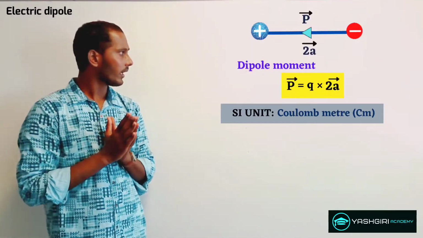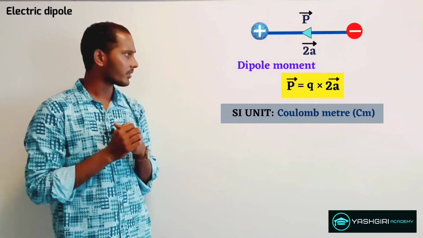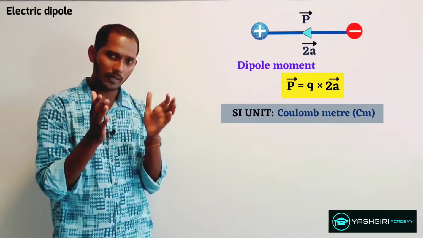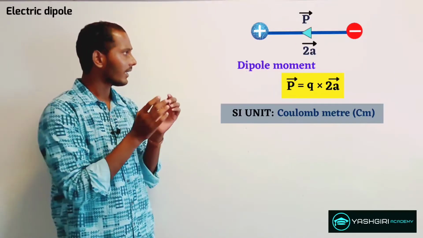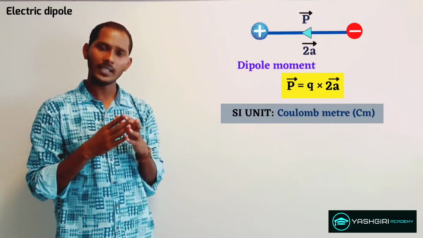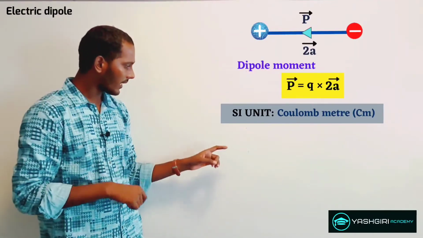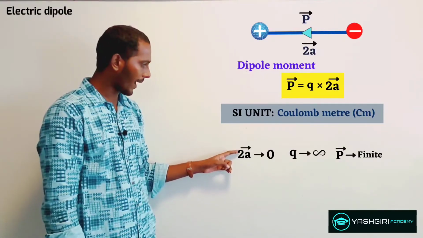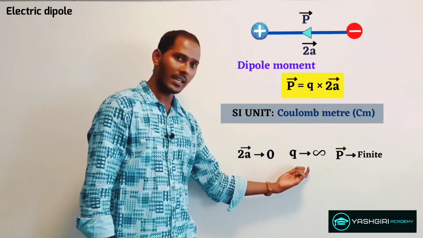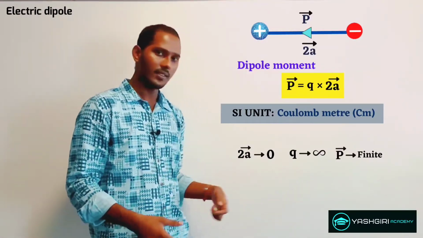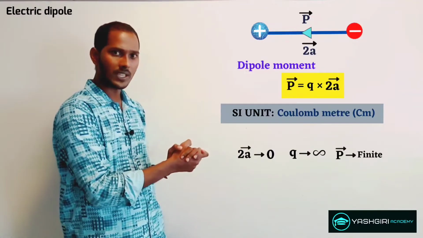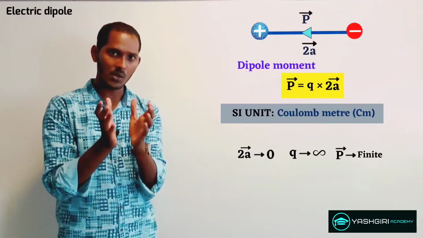Now, consider a case wherein the distance of separation between these two point charges is very, very small, and let's say the charge is very large. In that case, I can make use of a limit saying that the distance of separation 2a vector goes to 0, and the charge goes to infinity. In this case, the product of the charge and the distance of separation gives a finite quantity.